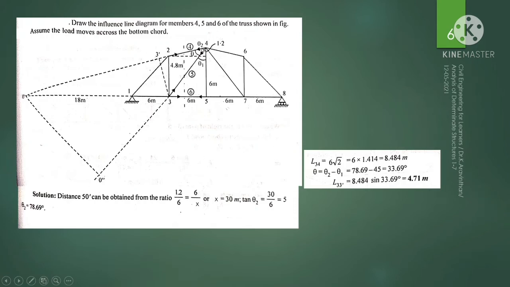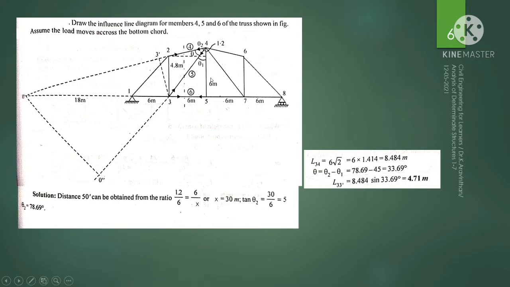Now we know this theta 2 value is 78.69 degree. So then let us find the value of L34, that is distance between 3 and 4. This is the point 3 and this is the point 4. So between this 3 and 4, let us find the distance.